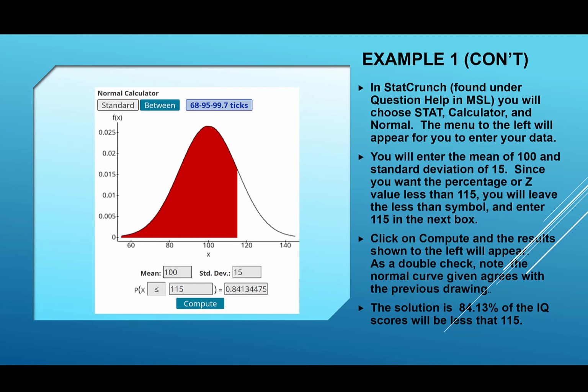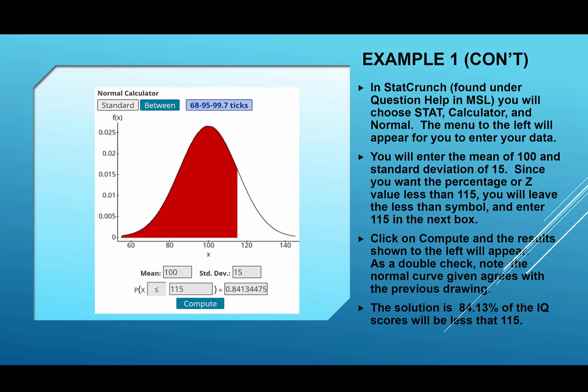You will enter 100 for the mean, 15 for the standard deviation. The default for the inequality symbol is less than, which is what we are using. So then we can enter 115 into the next box.